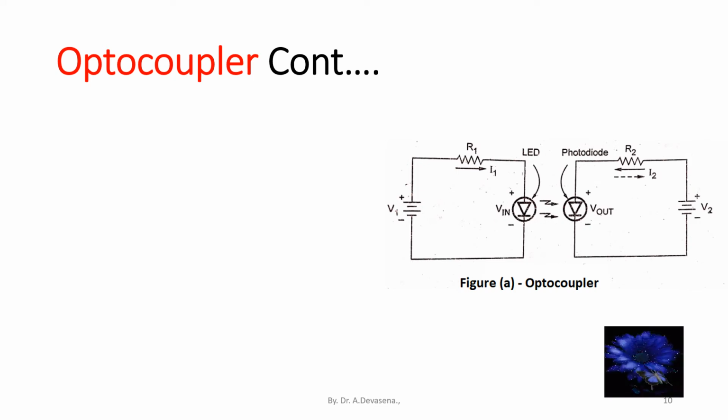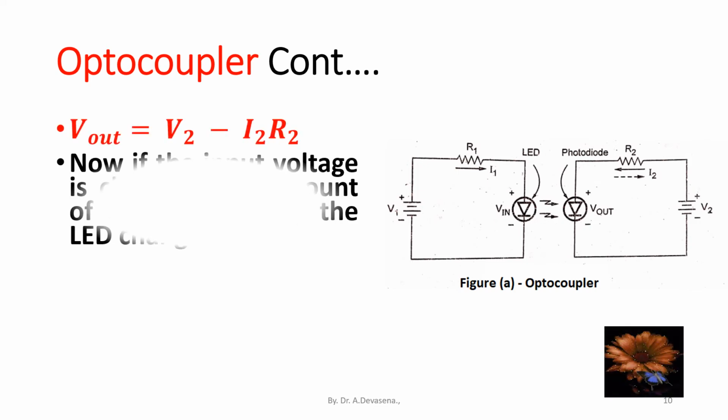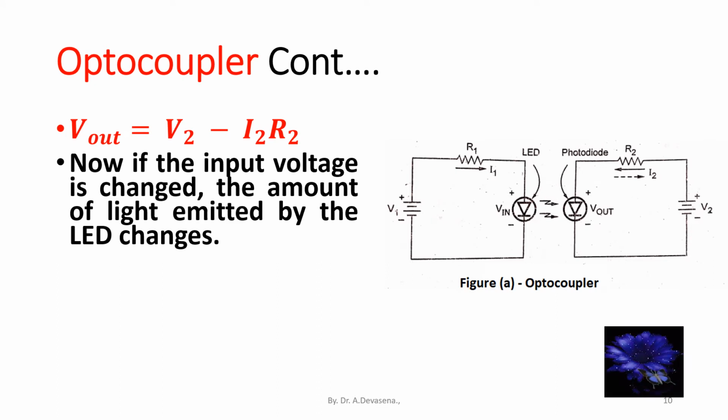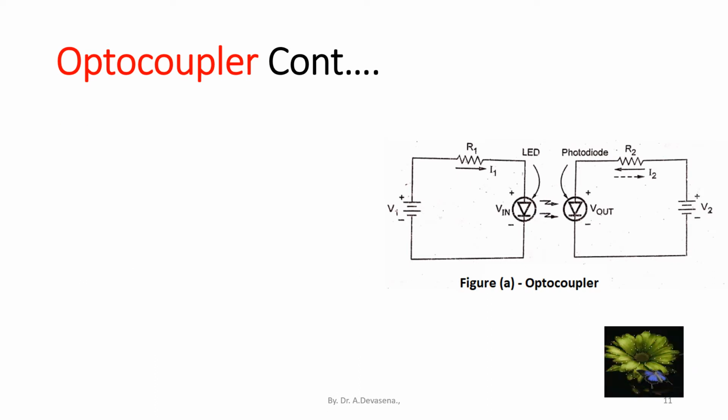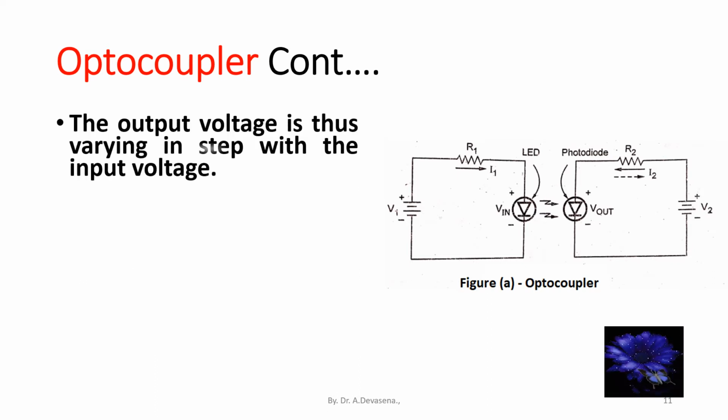So, Vout is equal to V2 minus I2 R2. Now, if the input voltage is changed, the amount of light emitted by the LED changes. This varies the reverse current in the output circuit and hence the output voltage. The output voltage is thus varying in step with the input voltage.